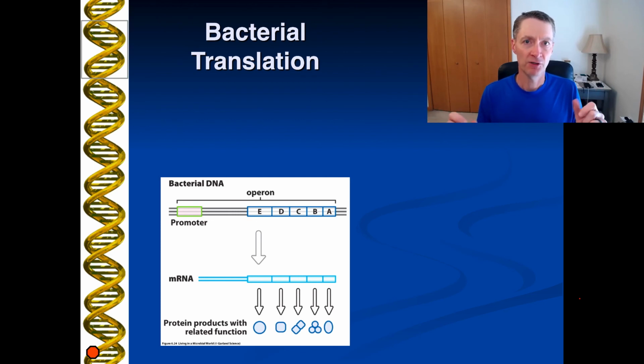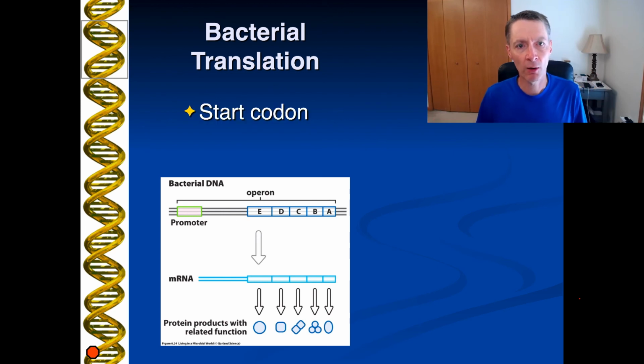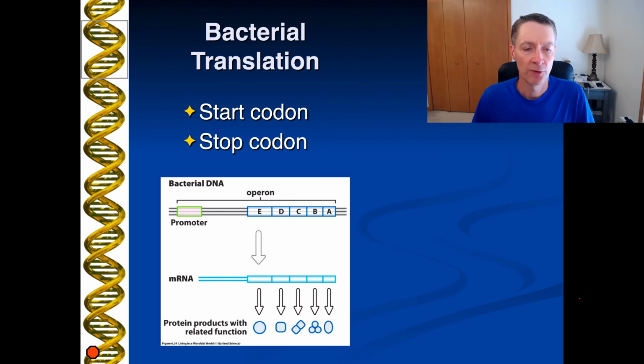It's very efficient with its placement of genes. If genes all have a function that has to do with the same basic process, they're oftentimes placed end to end within the chromosome. Okay, and we call that an operon.